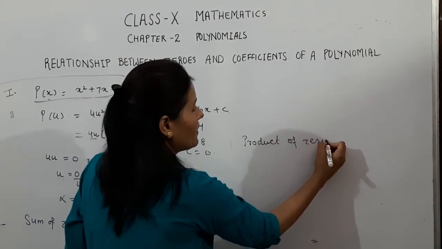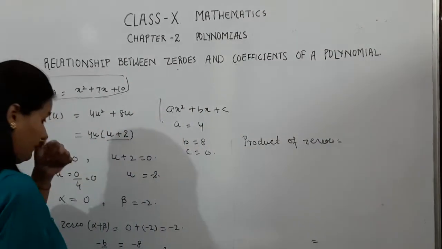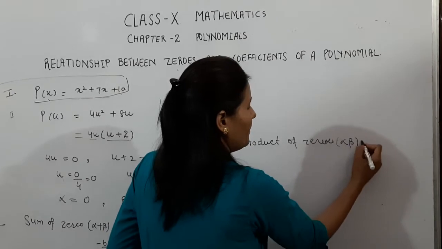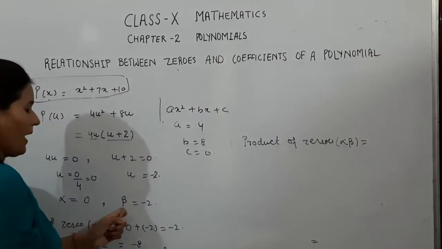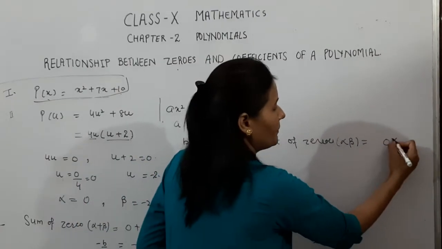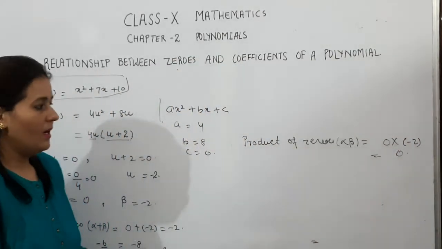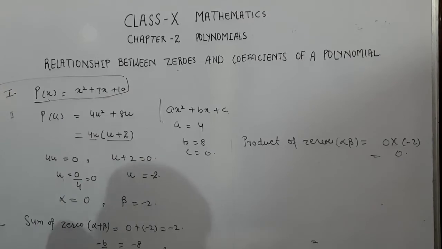Next is the product of zeros. Product of zeros is alpha into beta. Alpha is 0 and beta is minus 2. That will be 0 only. Now what do we have to see? c upon a.